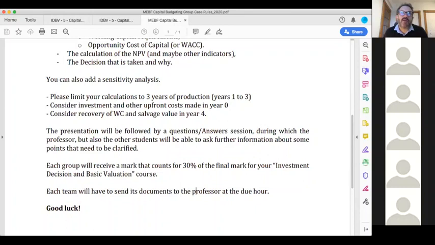So of course, what's going to be different this year is that you're going to present through Zoom, right? So I think it's not a problem, because everyone can take the lead in terms of talking and everything. Of course, you should choose one person in the group who shows the PowerPoint document and the Excel file.